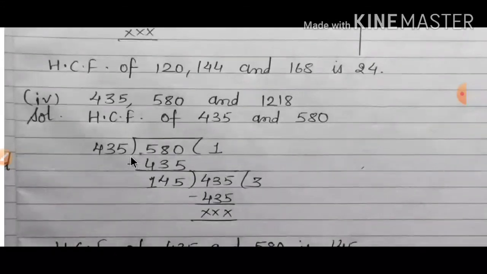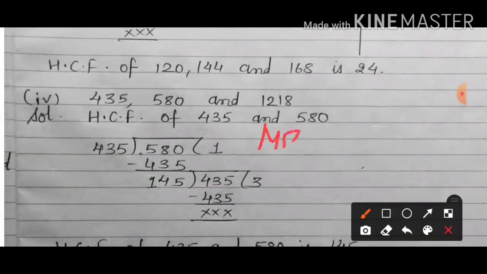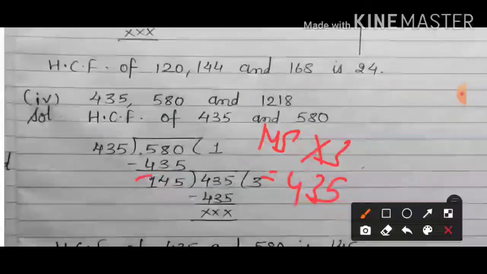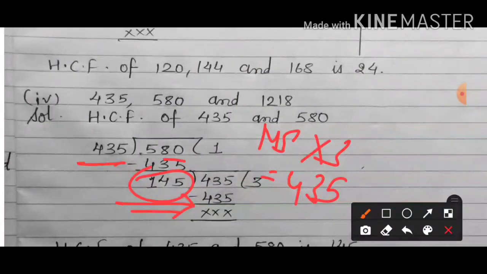Now you have to divide the first divisor by first remainder. So 435 we have to divide by 145. And if we divide this, we'll get 145 threes are 435. It means this one will be the HCF of 435 and 580.